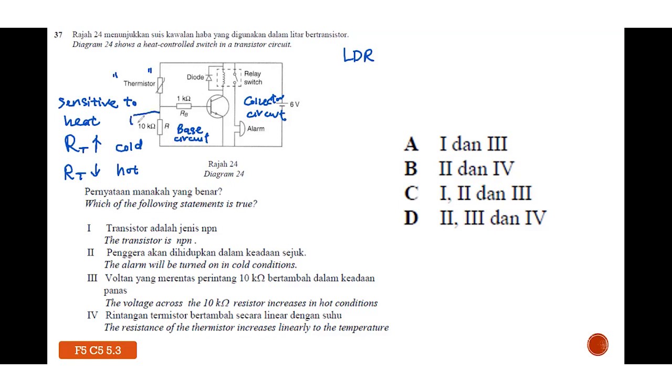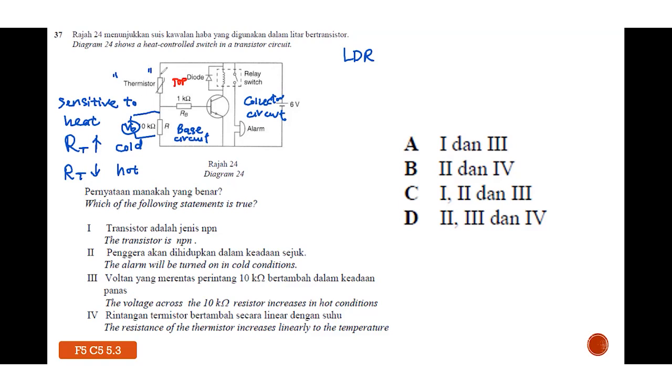The voltage across here is called the base voltage. The circuit on top does not have a specific name, we just say the circuit on top. They have an inverse relationship, which means if the resistance on top is high, the bottom will be low, or vice versa.